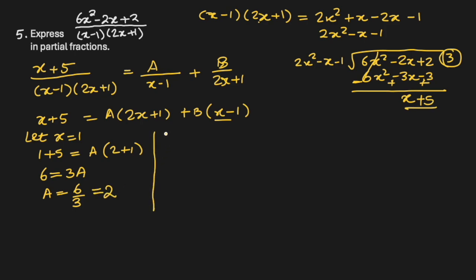For b, we'll assume that x is minus half, so that this becomes minus 1. Minus 1 plus 1 will be 0. So let x equal to minus half. So minus half plus 5 equal to, this becomes 0, so we'll be going to b straight away, b times minus half minus 1.